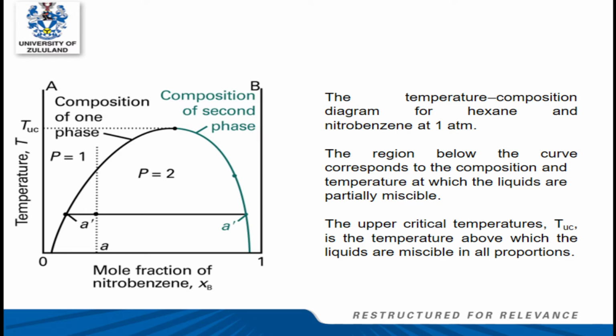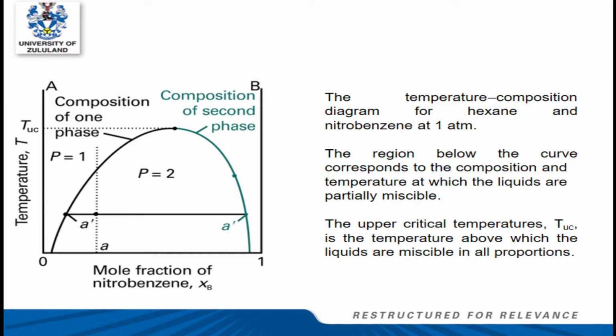In this diagram, as you can see, the region below the curve corresponds to the composition and the temperature at which the liquids are partially miscible. In other words, when we have two liquids that are partially miscible in one another, it means that we are going to have two phases.